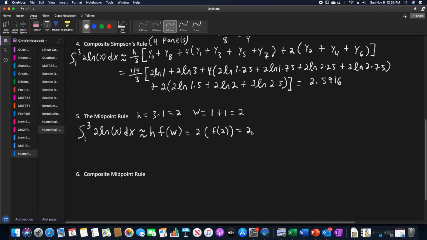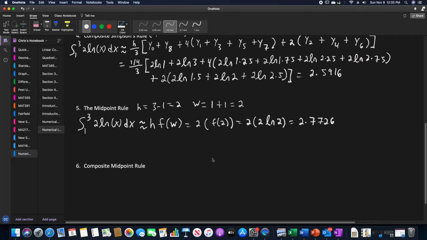So 2 times 2 times the natural log of 2. A lot of 2's. Tossed into a calculator, we would get an answer of 2.7726. And that's the first formula that kind of overestimates the actual integral. But that's the midpoint rule.